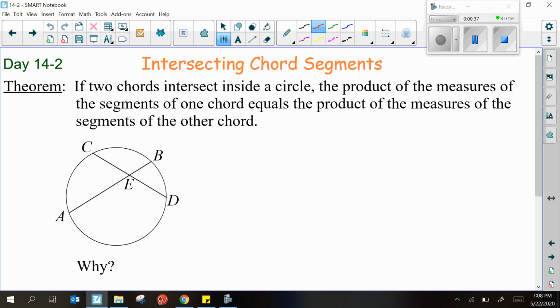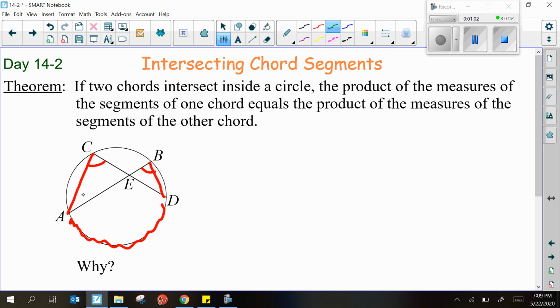So here are my chords, CD and AB, and they intersect at E. If I construct triangles, I want you to notice that the angle at C and the angle at B are congruent. Do you see why? They both intercept this arc, therefore making them congruent.